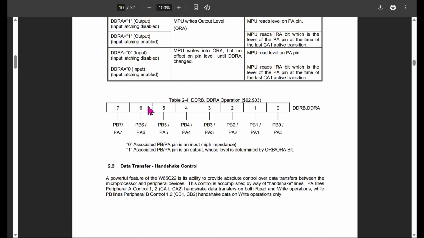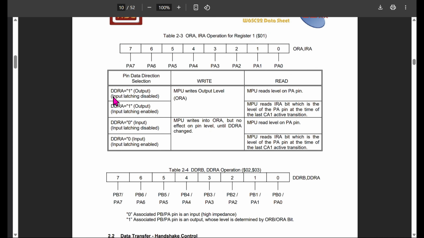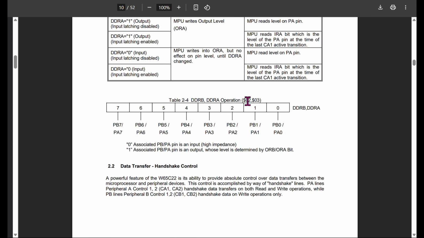So here we are at the table which tells us what registers 2 and 3 do. And this is the data direction register. So, what you do is you send an address 2 to the chip, and if it is 2, then that is for data direction register B, and if it's 3, then it's for data direction register A. And for each, you send an 8-bit number, and for each of these things, if it is a 0, then that pin is an input, and if it is a 1, then it is an output.